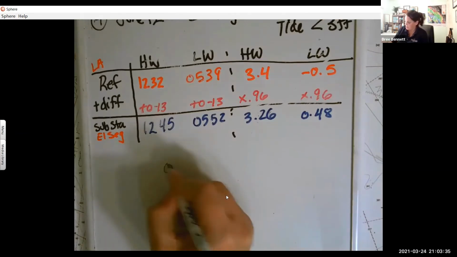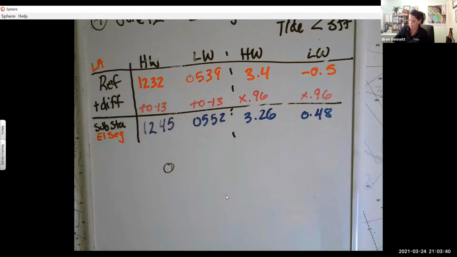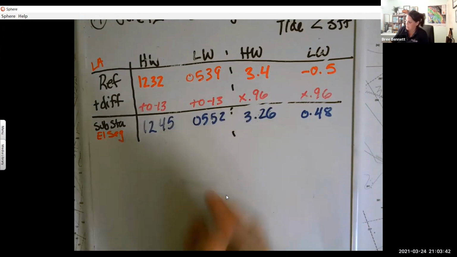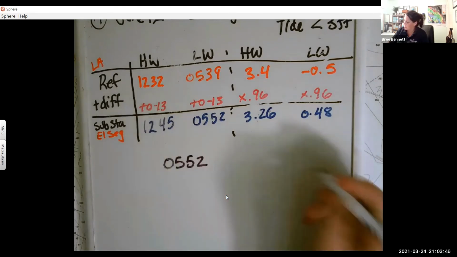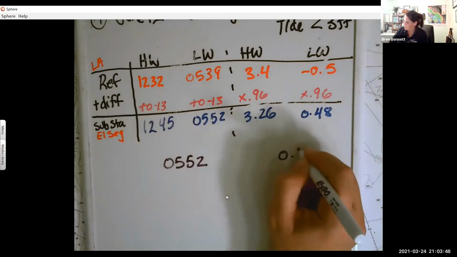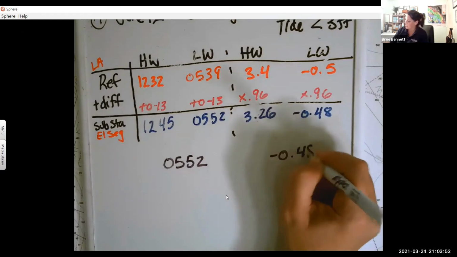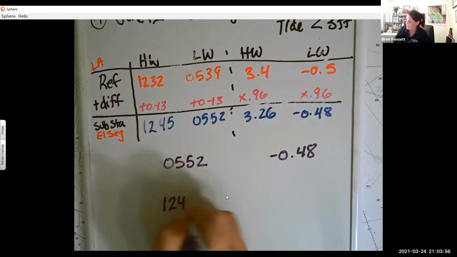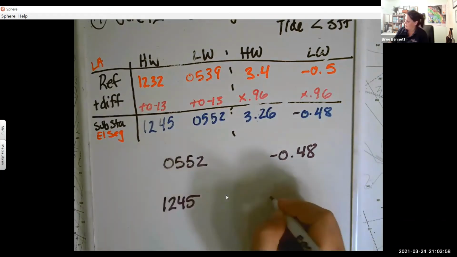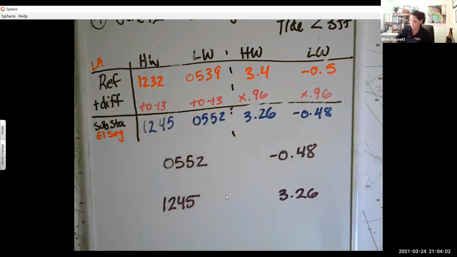So at 05:52, we had a tide of negative 0.48. And at 12:45, we had a tide of 3.26.